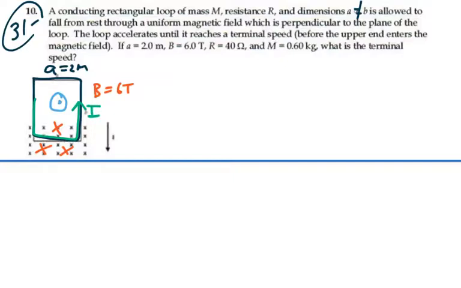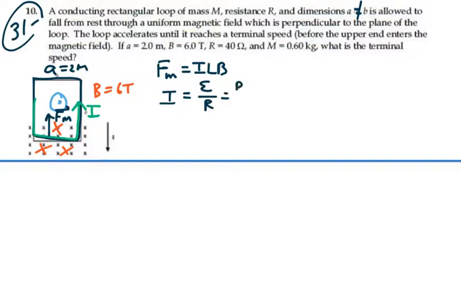And hence there will be a magnetic force on the bottom end of this wire loop that will oppose the motion as it's falling. The magnitude of that magnetic force is going to equal ILB sine theta, but theta will be 90 degrees, so it's just going to be ILB. The value of the current in turn will be equal to the EMF induced divided by the resistance.